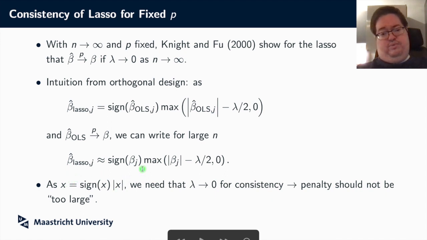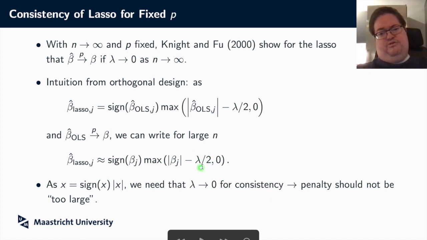And now note that what we have here is the sign of beta j, and the maximum of the absolute value of beta j minus something else, and 0. But the absolute value here times the sign is what we are after, because if we can get that, we know that's equal to beta j, and we want our lasso estimator to converge to beta j. Now, there's this problem here with this lambda.